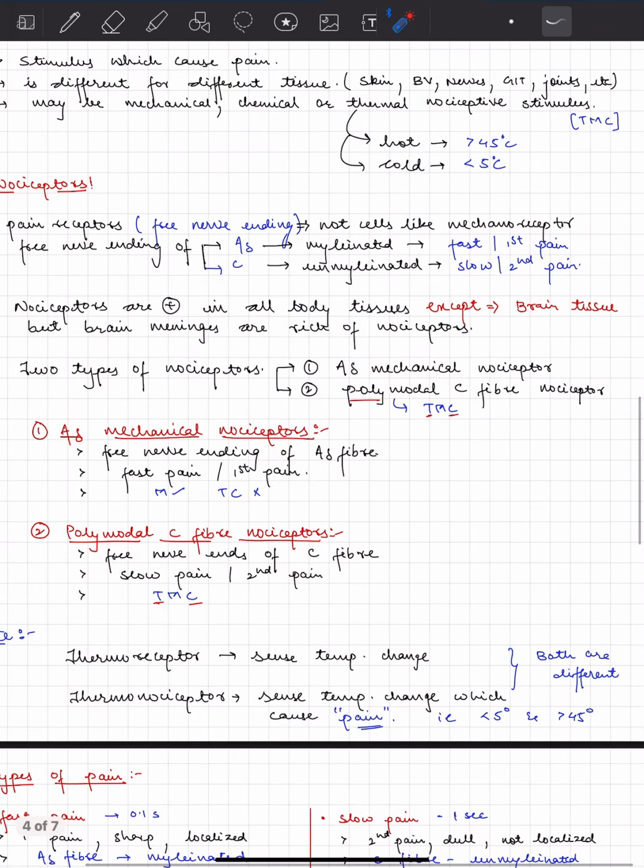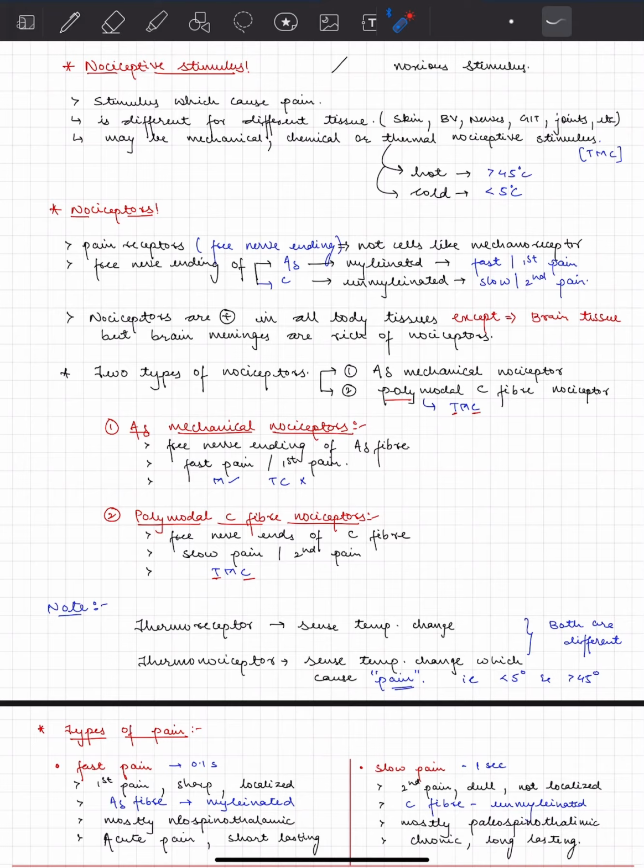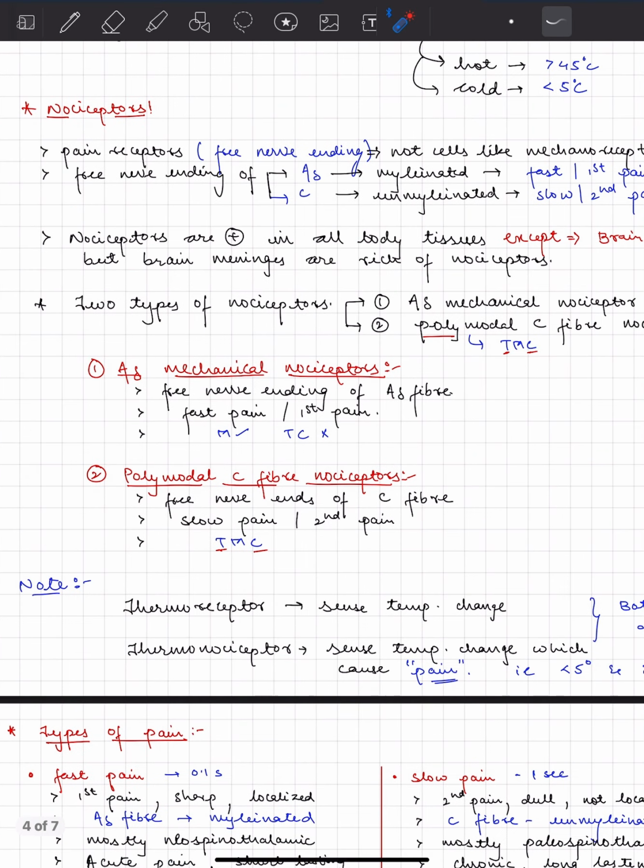There are two types of nociceptors. Since there are two types of fiber, there are two types of nociceptor: A delta mechanical nociceptor and polymodal C fiber nociceptor. A delta free nerve endings act as nociceptors. The A delta fiber has a large diameter because it is myelinated, so the conduction velocity is fast, therefore it causes fast pain, first pain.